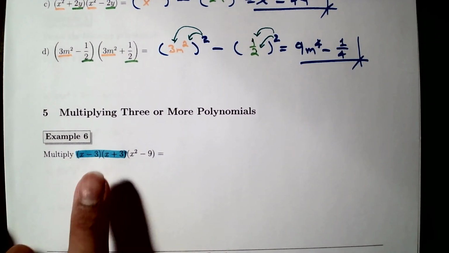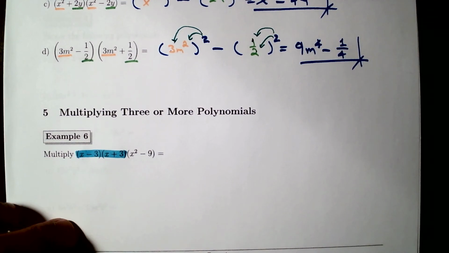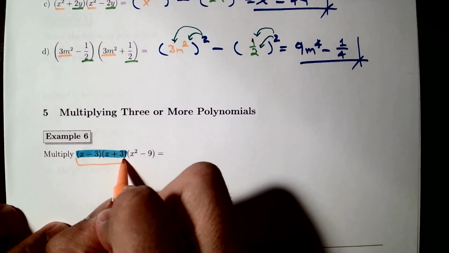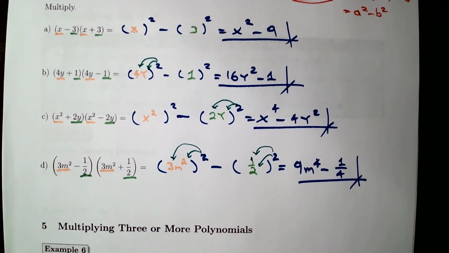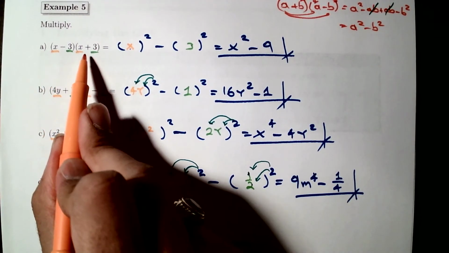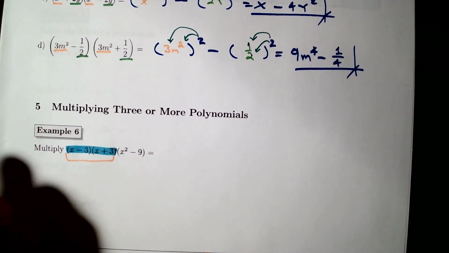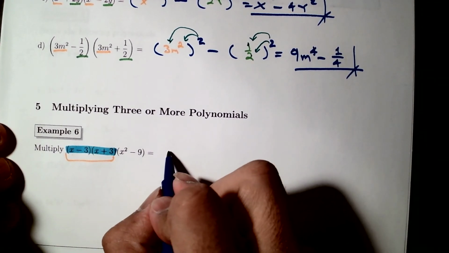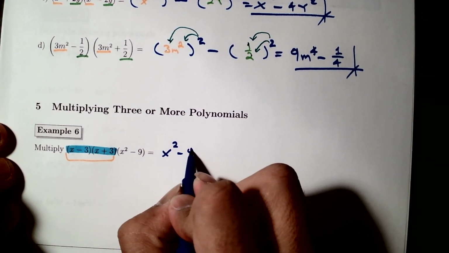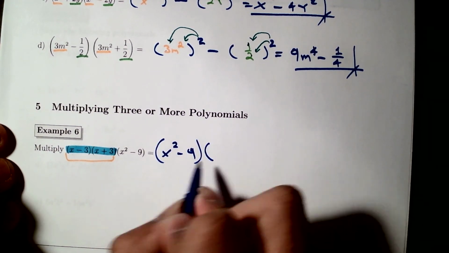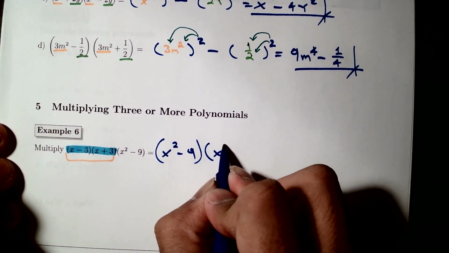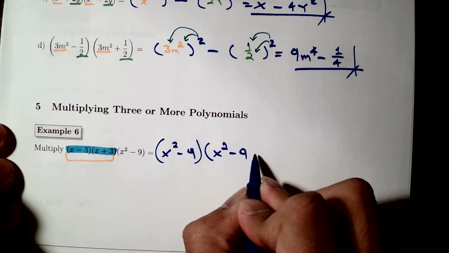Well, we already got the answer to that from the previous example. We did it over here. x minus 3 times x plus 3 is going to give us x squared minus 9, times this x squared minus 9.